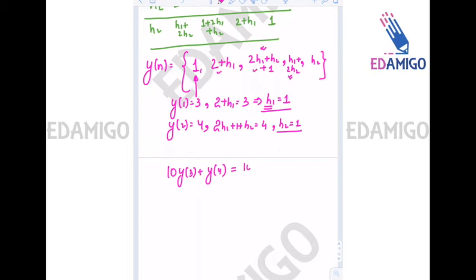So y3 is h1 plus 2h2 and y4 is h2. Since all have the value equal to 1, y3 is 3 and y4 is 1. So 31 is the correct answer to the question.